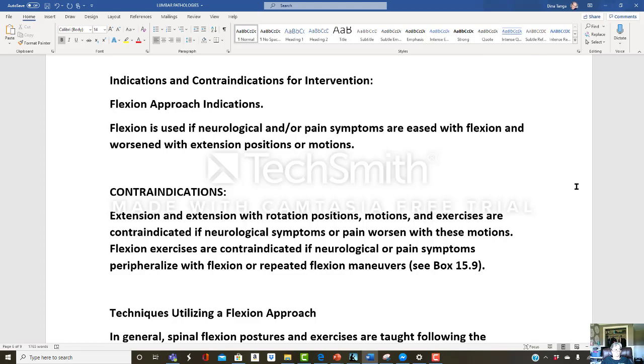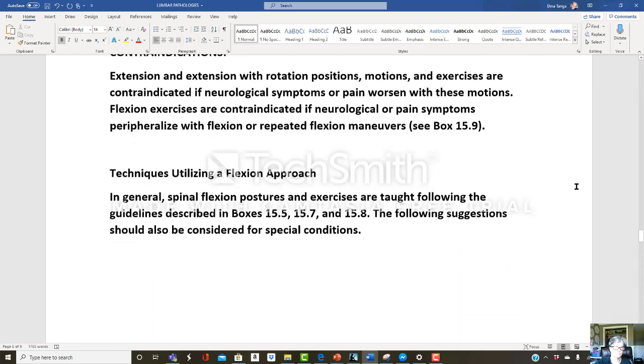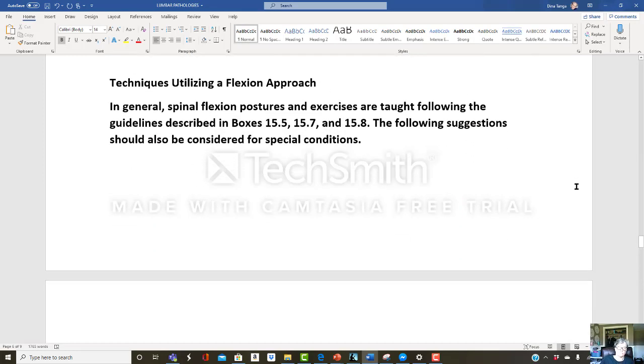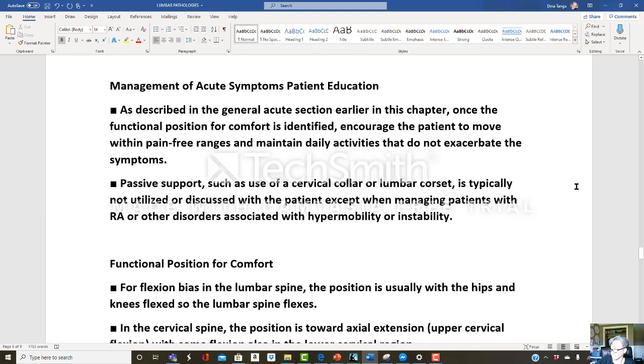Flexion exercises are contraindicated if neurological or pain symptoms peripheralize with flexion or repeated flexion maneuvers. See box 15.9. Techniques utilizing a flexion approach in general. Spinal flexion postures and exercises are taught following the guidelines described in boxes 15.5, 15.7, and 15.8. The following suggestions should also be considered for special conditions.